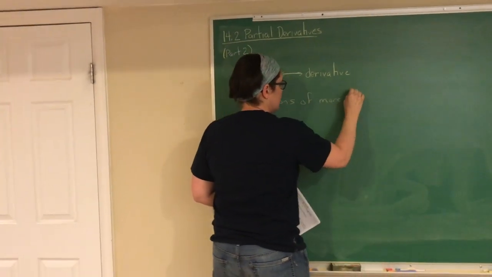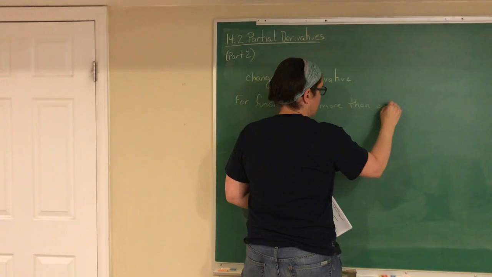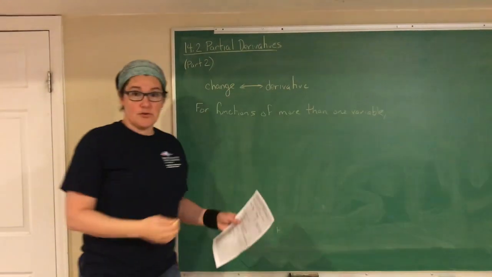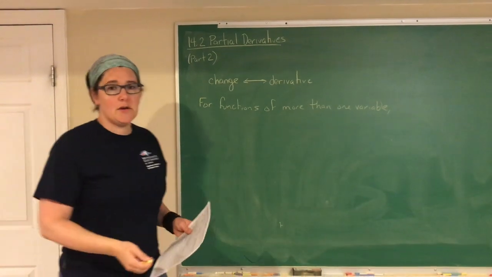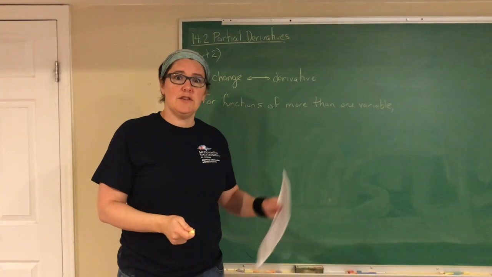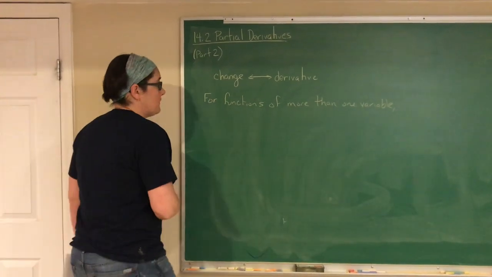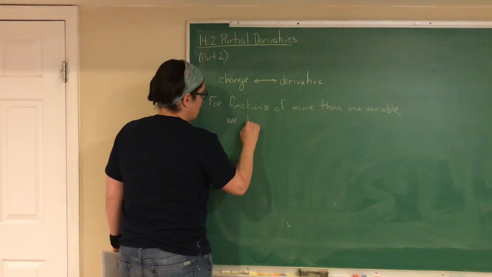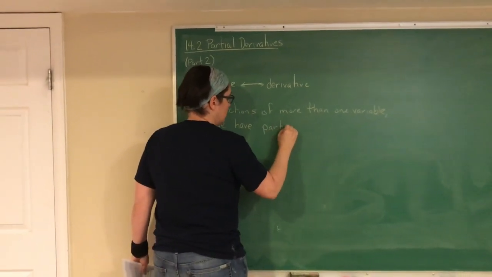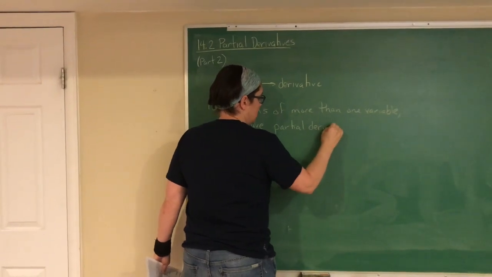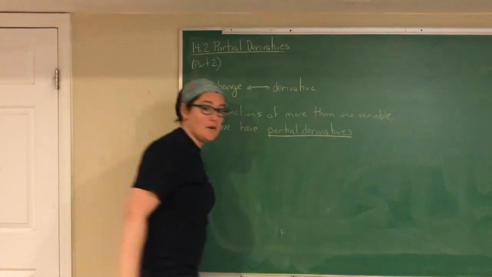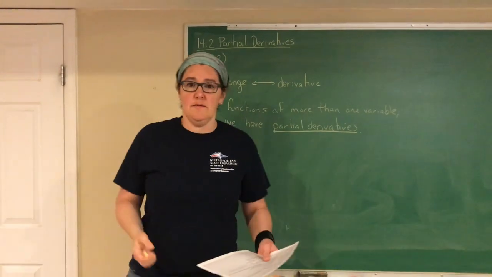For functions of more than one variable, instead of having a derivative, we have something called a partial derivative. And we have a partial derivative associated to each of the input variables. That's what we're going to talk about during this section of our class.